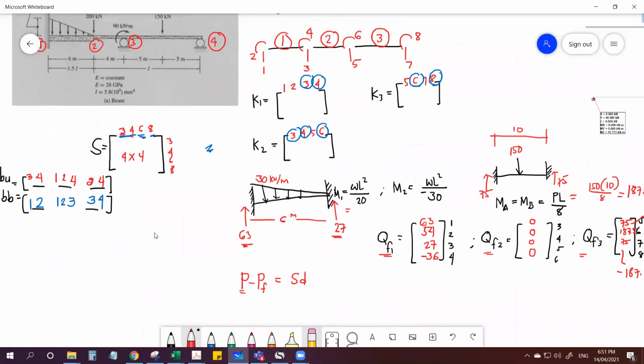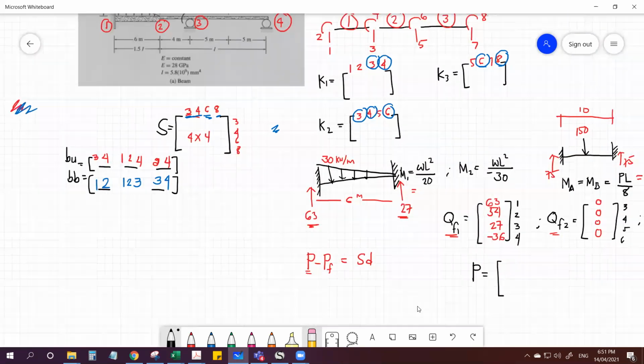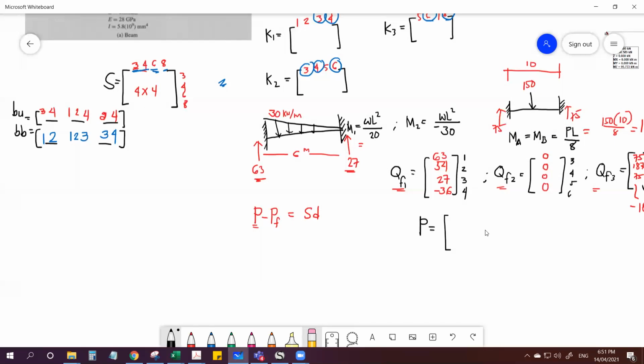So unlike with the previous example, we don't have the P vector. So what's the P vector now? Okay, so the P load vector, of course, should be corresponding to our S, which is 3, 4, 6, 8.